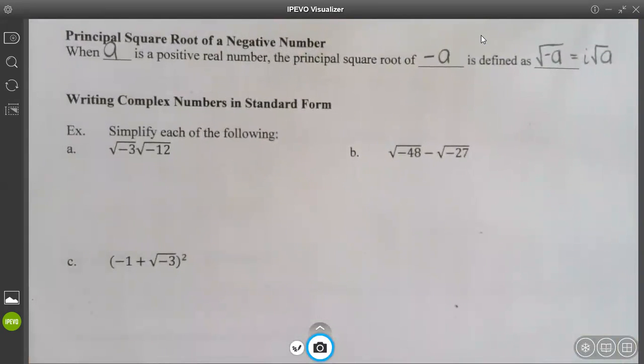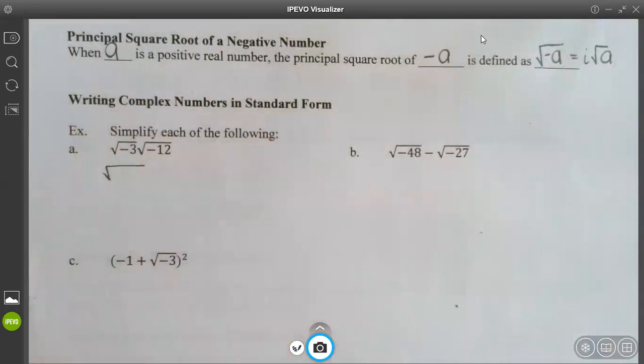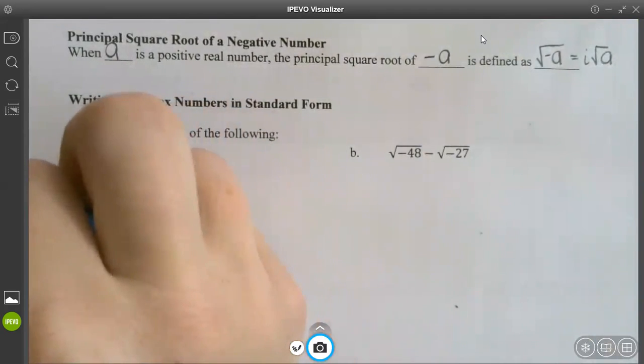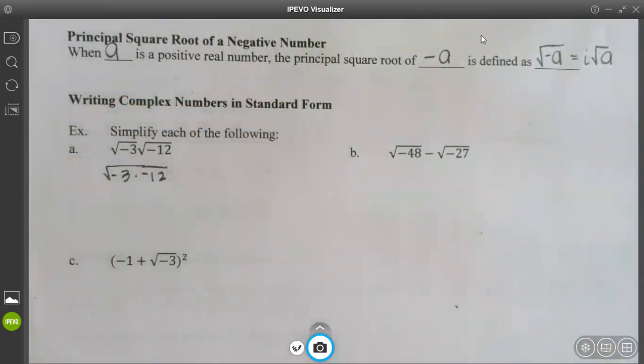Simplify each of the following. When I multiply them together, square root of negative 3 times negative 12 gives you what?